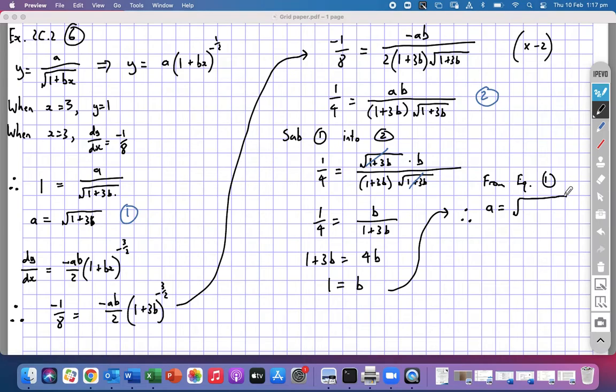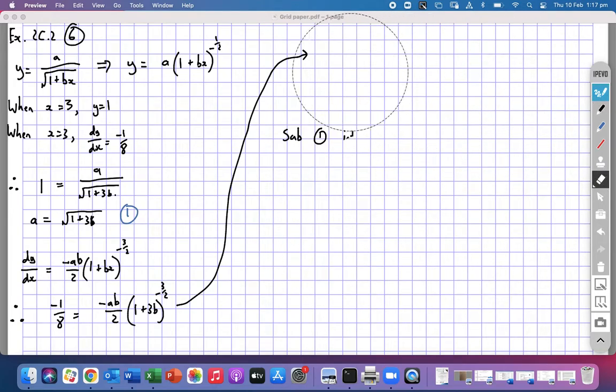A equals the square root of 1 plus 3 times 1, because I've found what b was. 1 plus 3 times 1 is 4. A equals the square root of 4. A equals 2. All right, so we found A, we found B. B was 1, A is 2.